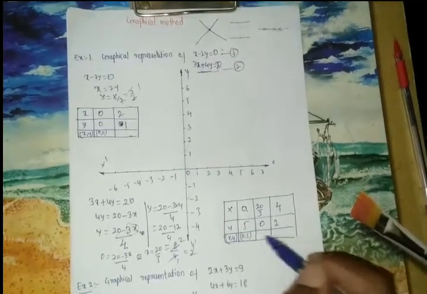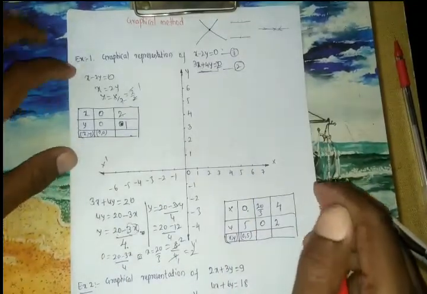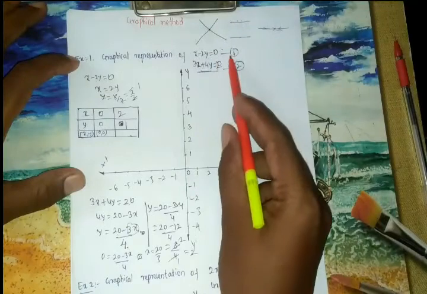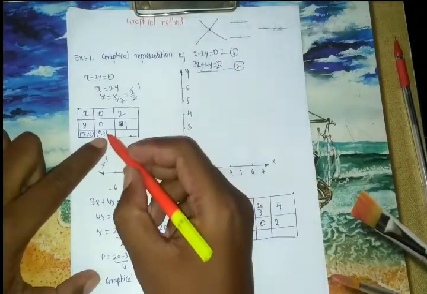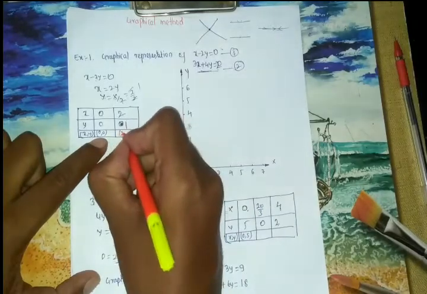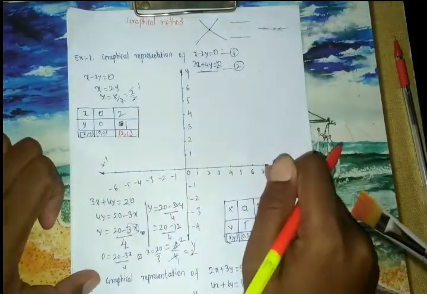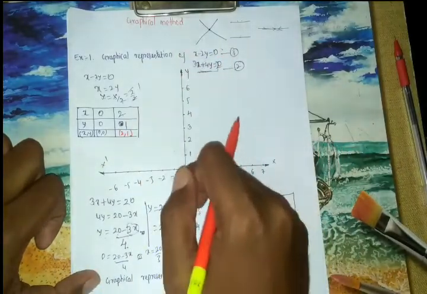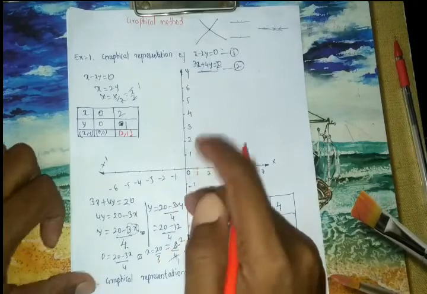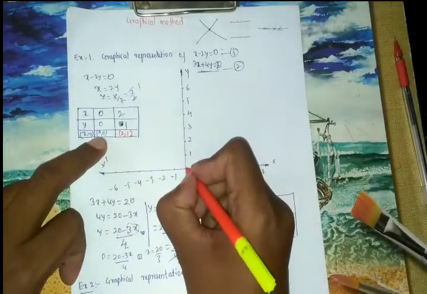Now let us try to plot in the graph. Let me plot equation 1, that is x minus 2y equals 0. So I have got 0 comma 0 and 2 comma 1. This is the positive x axis and this is the negative x axis, this is the positive y axis and this is the negative y axis. Our values of x and y are 0, 0, so it is here.